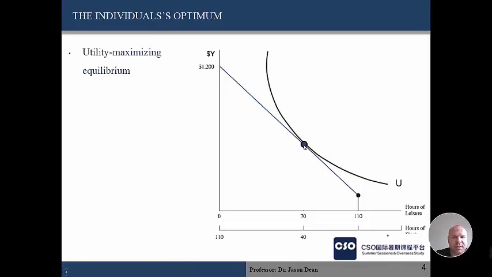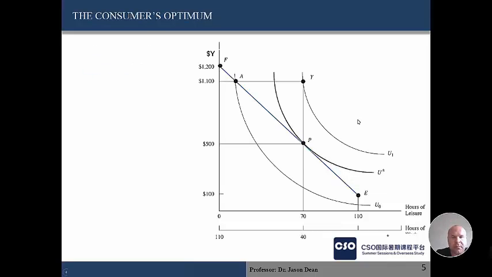This is the most amount of utility this person can obtain given their potential linear budget constraint. In this example, this is the optimum point, and the individual will choose 70 hours of leisure or 40 hours of work.